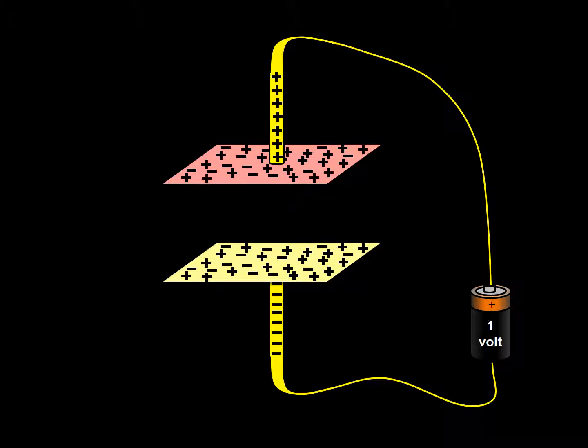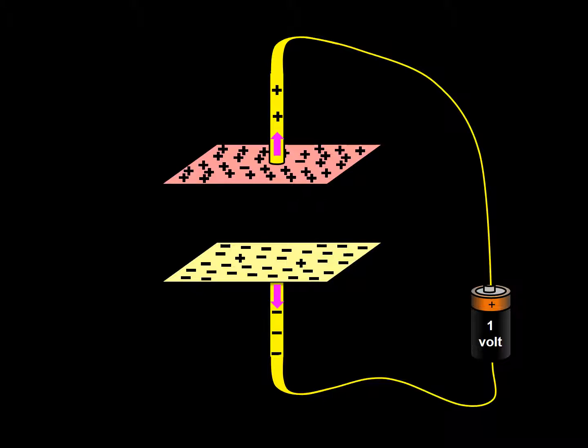Once connected to a battery, electrons from the anode of the battery will flow to the lower plate, connecting it to the battery. This will cause an accumulation of negative charges in the lower plate, and they will attract positive charges to the upper plate, thus displacing negative charges away from the upper plate.